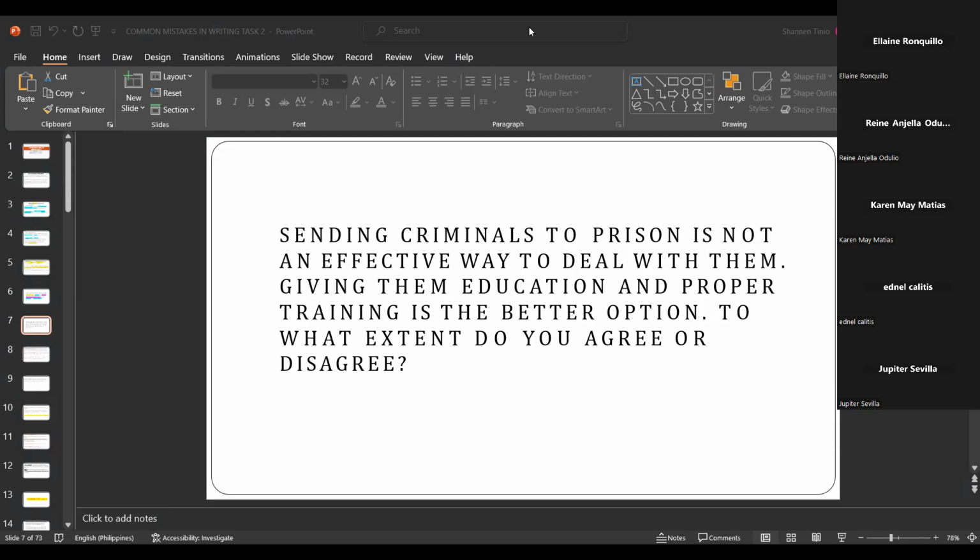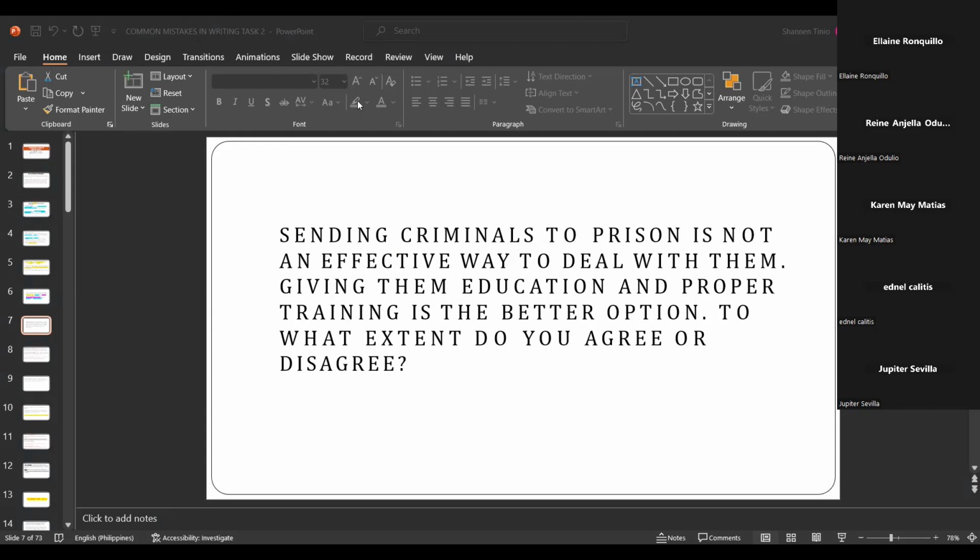All right, let me read the second example, since nobody volunteered. Ito yung kaibahan sa face-to-face classes. Pwede na lang ako tumawag bigla ng ipagpa-volunteer ko. Pero pag dito, ang hirap niyong pilitin. Alright. Sending criminals to prison is not an effective way to deal with them. Right?